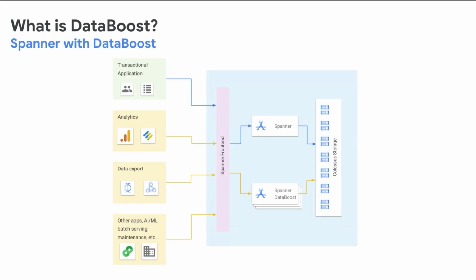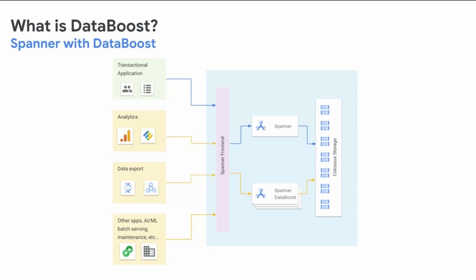I want to highlight a Spanner feature called Data Boost here, which lets you execute analytics queries and data exports with essentially near zero impact to existing workloads on the provisioned Spanner instance. This is a great way to enable workload isolation on Spanner, so you can run queries against the latest data with near zero impact on existing transactional workloads, regardless of the query complexity or the amount of data processed.